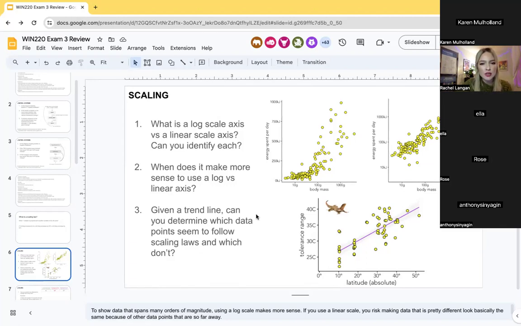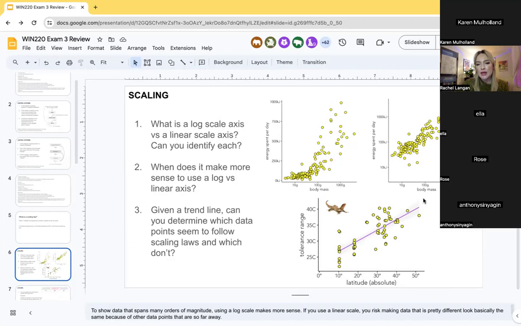And then the third thing you should know is, given a trend line, kind of like we have here, can you determine which data points seem to follow scaling laws and which don't. And so basically what that means is, can you determine based on the linear line whether the data is following that linear line or not?